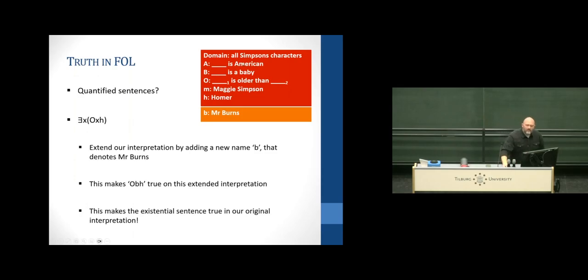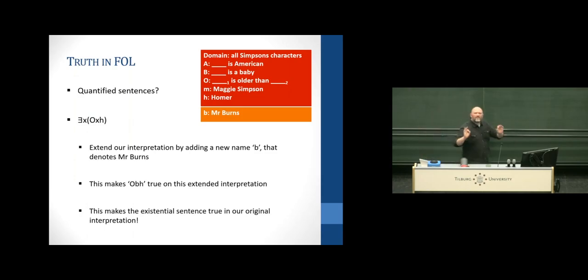We can extend this interpretation by introducing the name B for Mr. Burns. I told you earlier he's older than Homer. So cool. This extension gives us a name that we can then replace the X with to get OBH. And OBH is true. The ordered pair B, H is in the extension of O. That is, Burns is older than Homer.